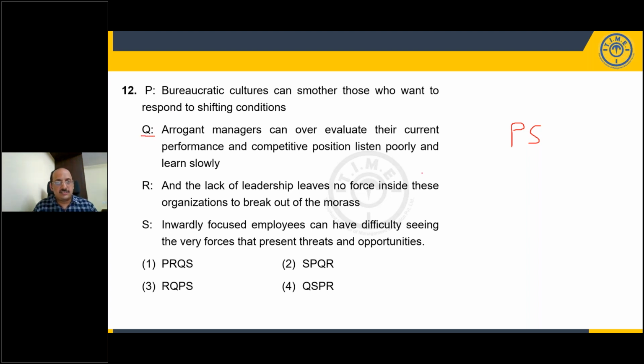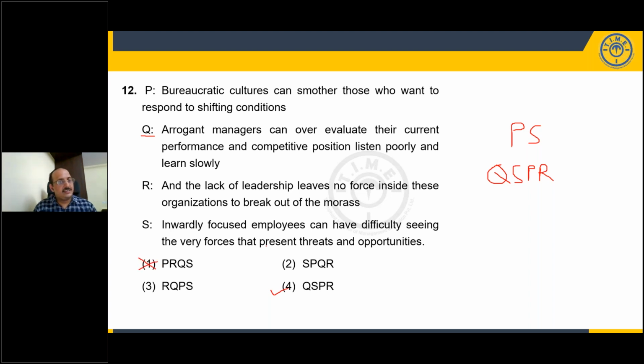So, arrogant managers can over-evaluate their current performance and competitive positions. Then inwardly focused employees can have difficulty seeing these forces. So then I say bureaucratic cultures will restrict and lack of leadership leaves no force. So QSPR becomes my answer. Okay, guys?